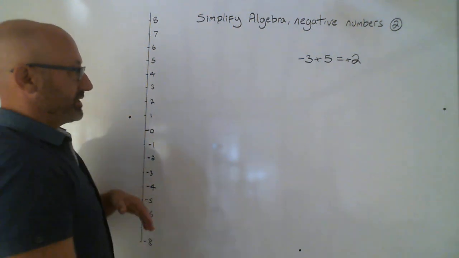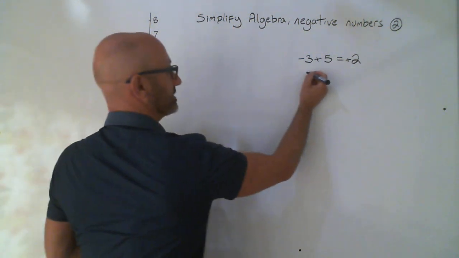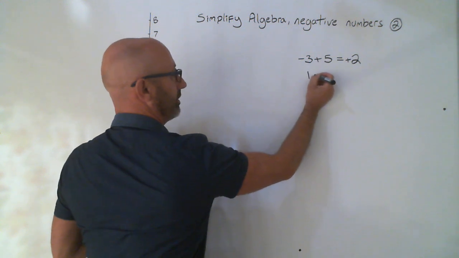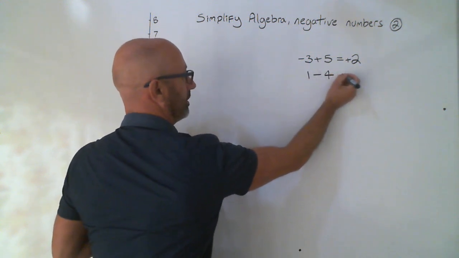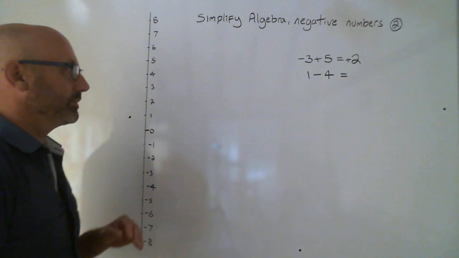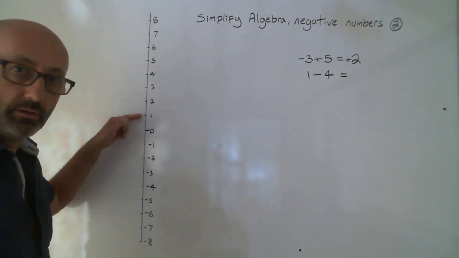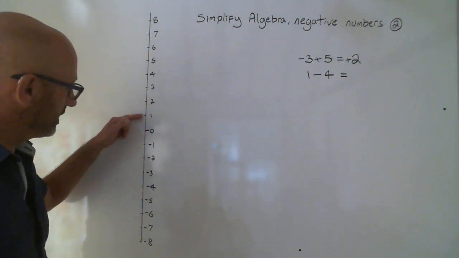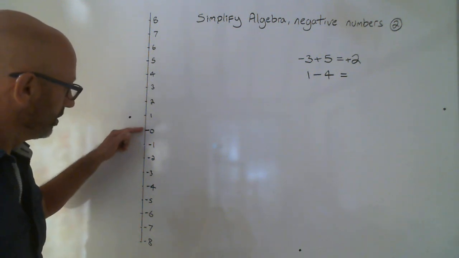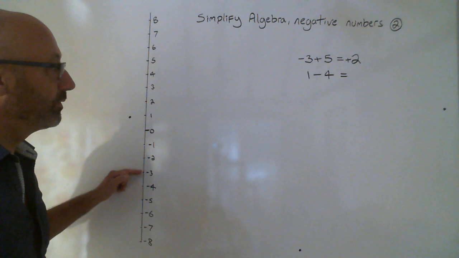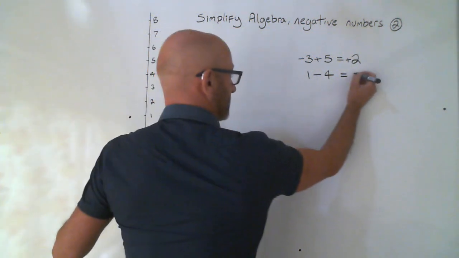What would the answer to this one be here? So 1 take away 4. Well, we're starting at 1, I'm going down 4. 1, 2, 3, 4. The answer is -3.